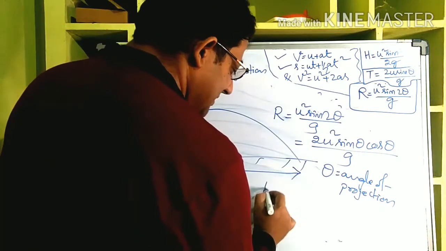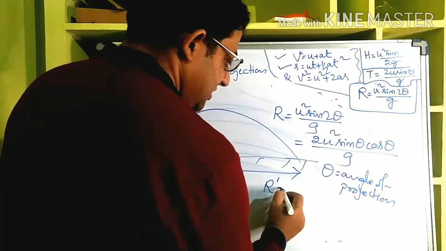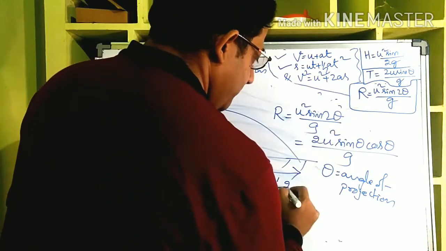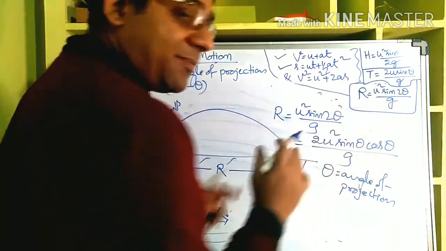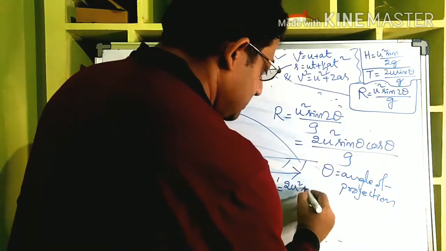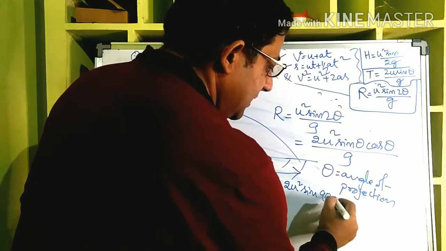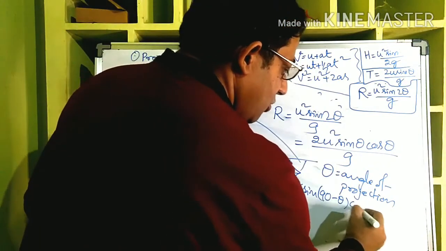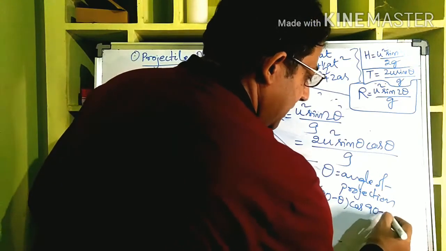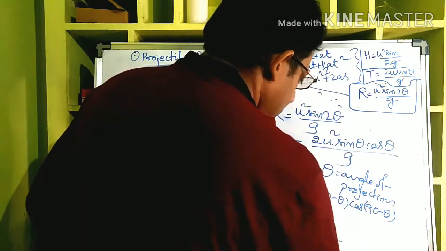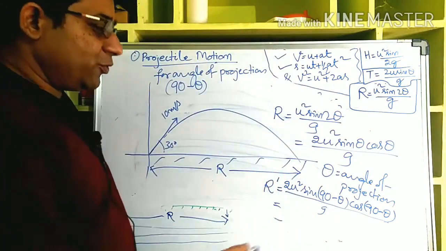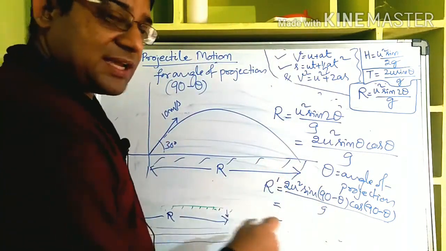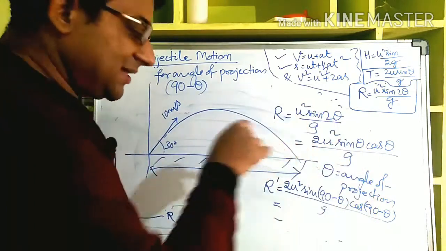Now the new formula is, let us say R dash is equal to 2 u square sin theta cos theta, where theta became 90 minus theta. So sin of 90 minus theta times cos of 90 minus theta, whole divided by g. Now trigonometric identity, you know, sin 90 minus theta is cos theta and cos 90 minus theta is sin theta.